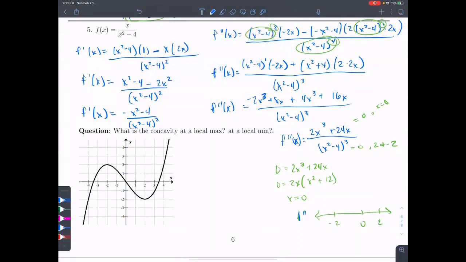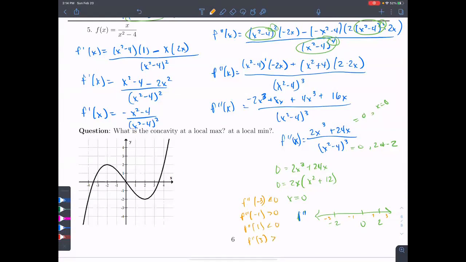Then we would plug in some test values. So negative 3, negative 1, 1, and 3 maybe. And when you do that, golly, f double prime at negative 3, f double prime at negative 1, f double prime at 1, and f double prime at 3. That goes negative, positive, negative, positive.